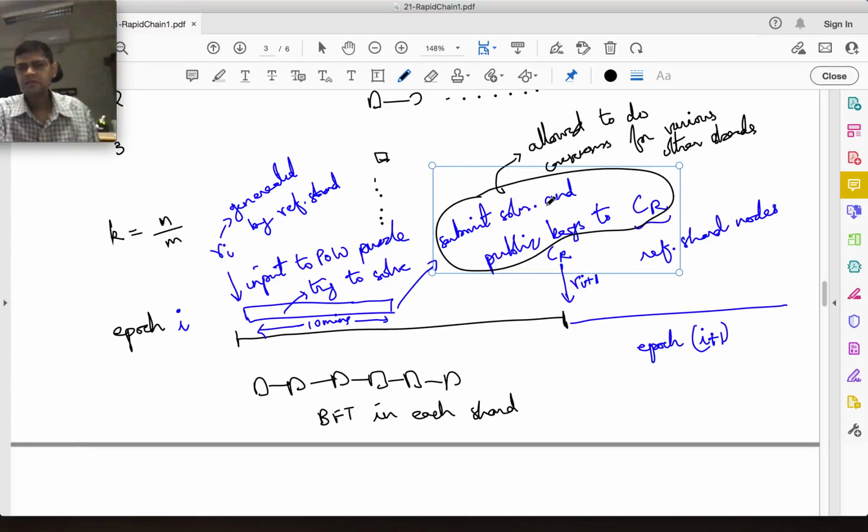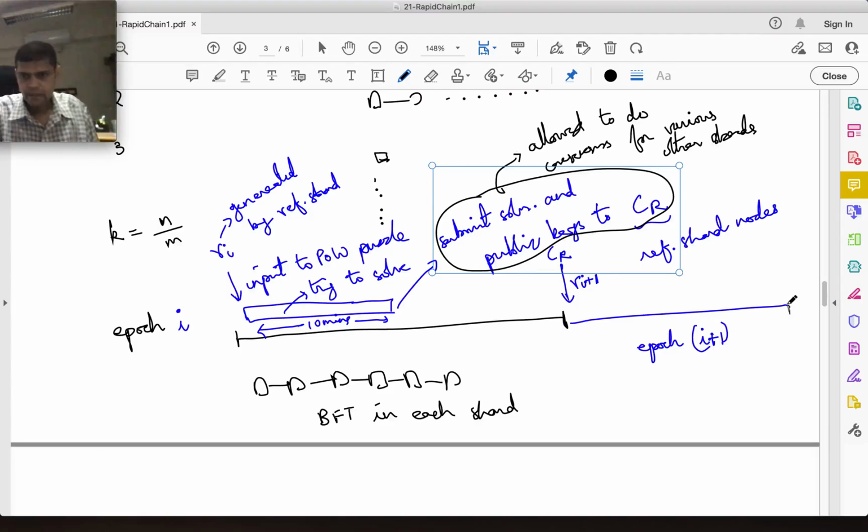So let's assume that most of the nodes are going to use the same public keys, at least that's what you would want. And if the public key is the same, then you would normally keep the mapping of the public key to the shard the same, for the most part.